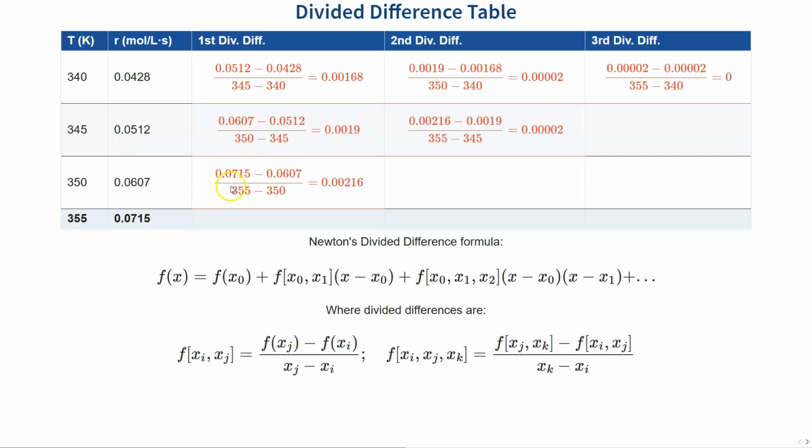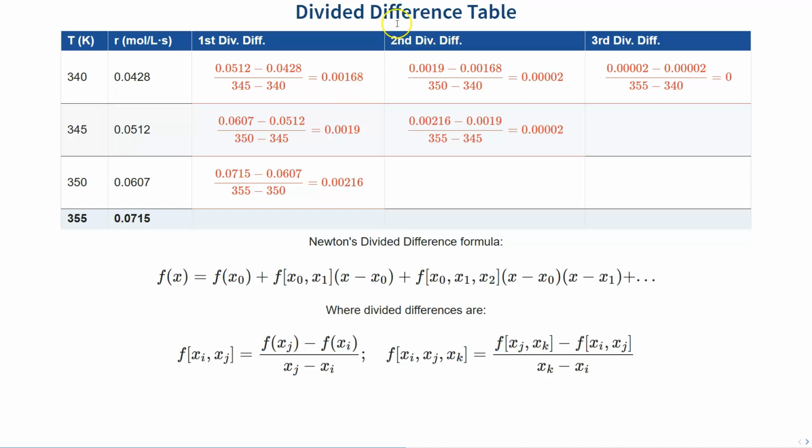Similarly, the last reaction rate minus the previous one: 0.0715 minus 0.0607 divided by 355 minus 350, that is 0.00216.